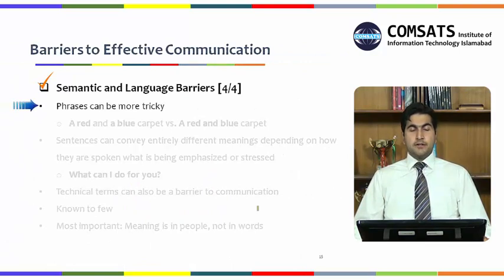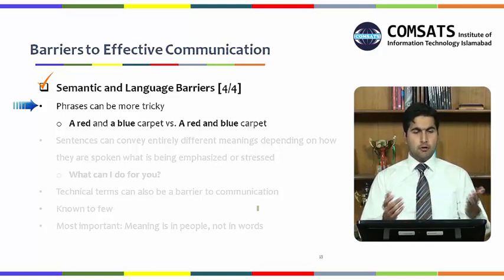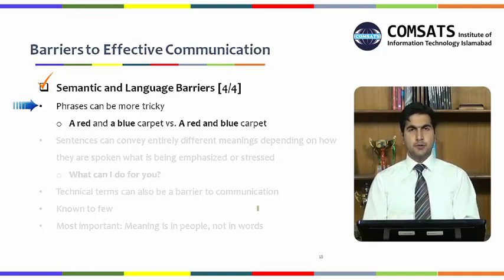Moving ahead, there are certain phrases which are a bit tricky. For example, if you hear the expression "a red and a blue carpet," it is referring to two carpets, one red and the other blue.